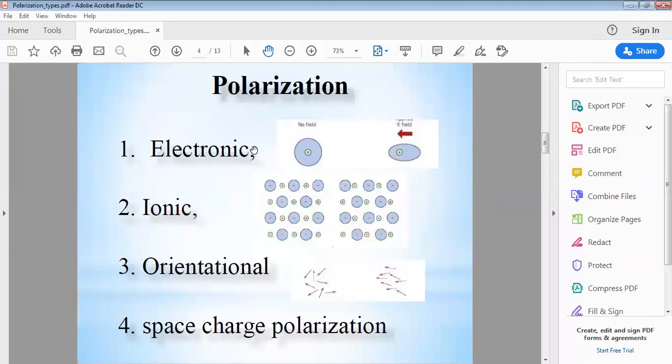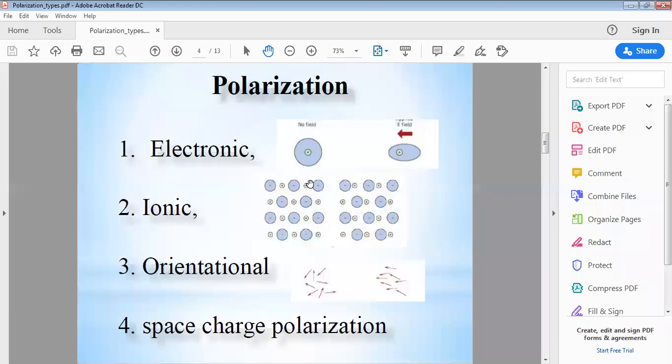They will ask the derivation. Electronic polarization and ionic polarization derivation is important for your university examination. The electronic polarization arises from the atoms. We will see that definition in the next slides.